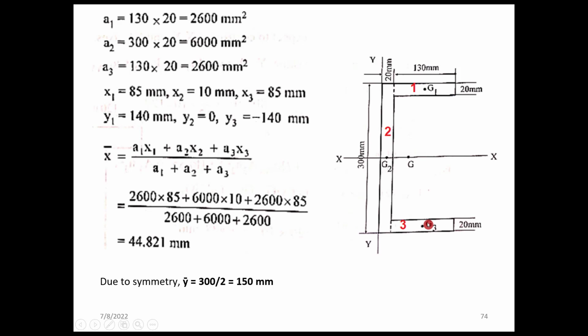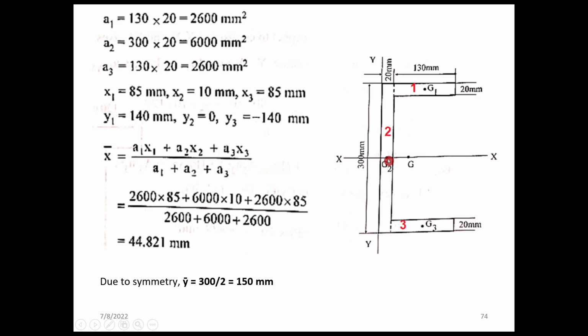Y1 is the vertical one. For y1, we're taking with respect to this axis. There's a small difference: we are not considering the base, we are considering this directly on the shown axis XX. Whatever the case, the x won't change as the x is taken from the right side. In the case of y, we have to take it with respect to the XX axis. In that case, y1 is 140.